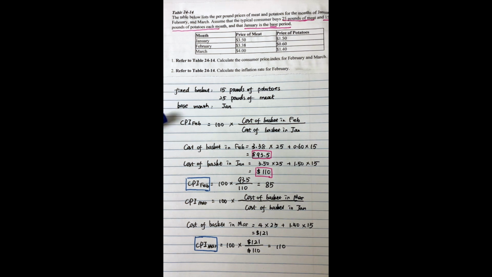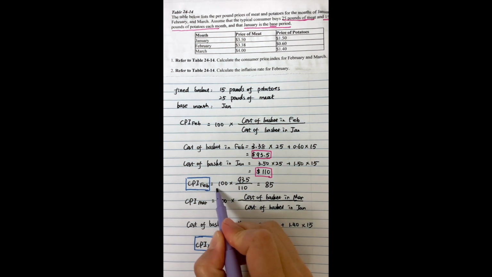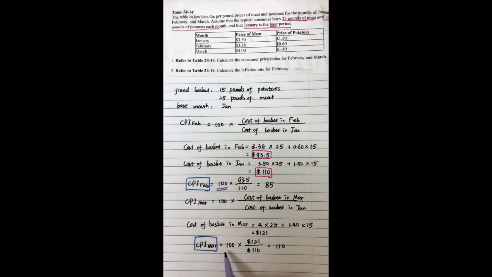You also need to compute the cost of a basket in the current month, maybe in February, divide by the cost of basket in the base month, and then times 100, okay? So don't forget 100. This is important, okay? Don't forget 100. And then that will give you the CPI in February and CPI in March.